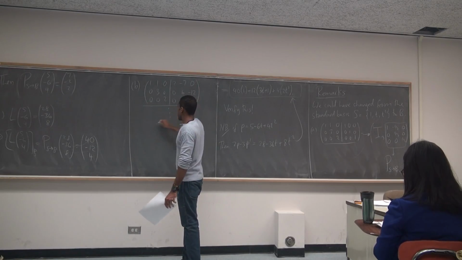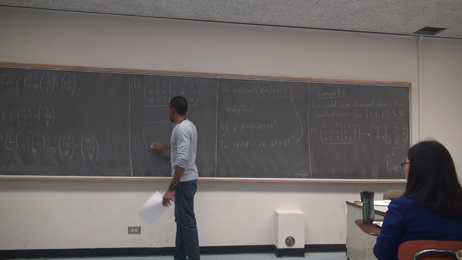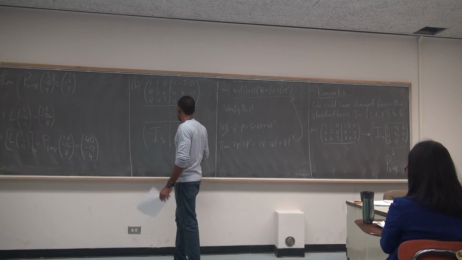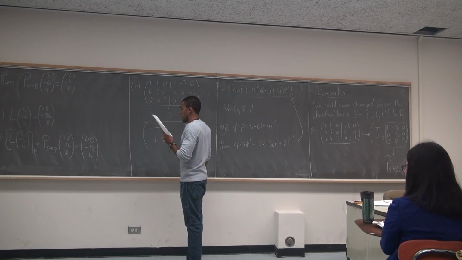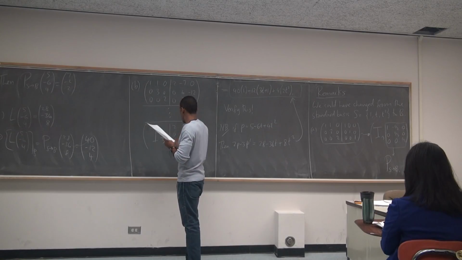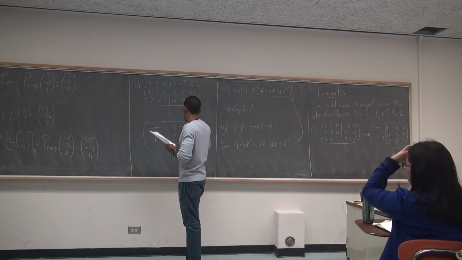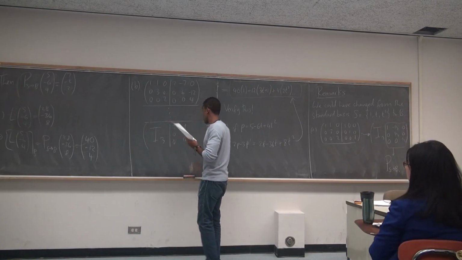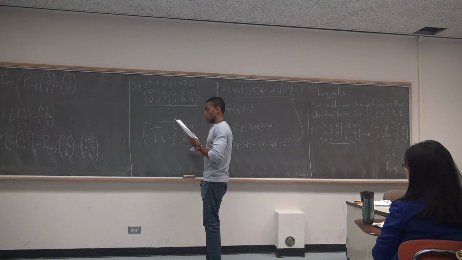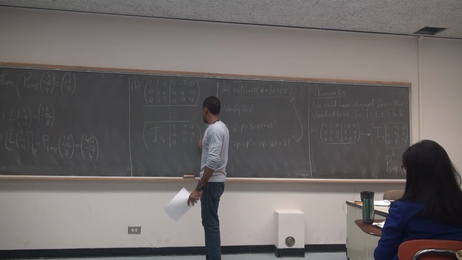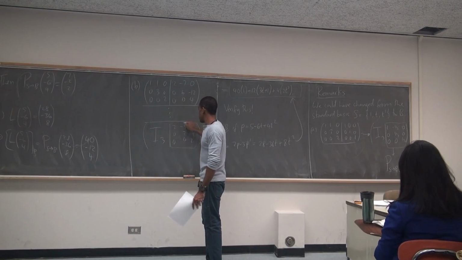If I found the reduced echelon form of this guy, I would have the three-dimensional identity over here, and over here, it turns out I would actually get L of B. 2, 0, 0, minus 9, 2, 0, 4, minus 4. This guy here would have been my L of B.